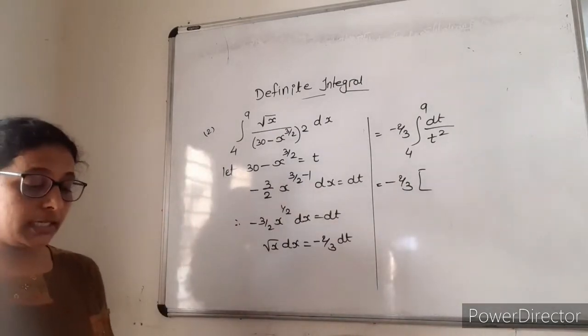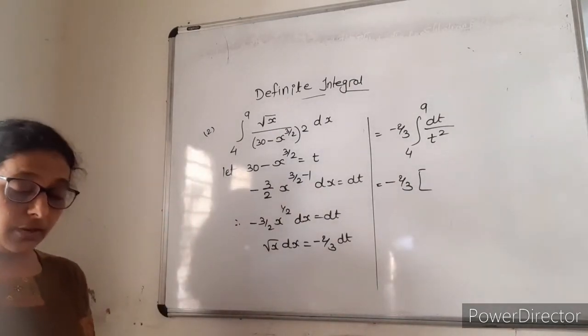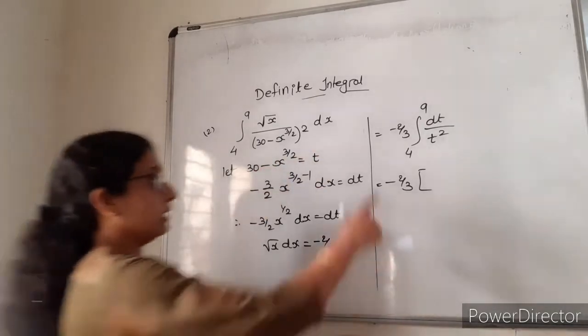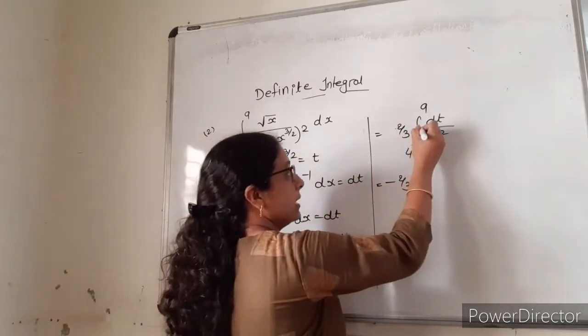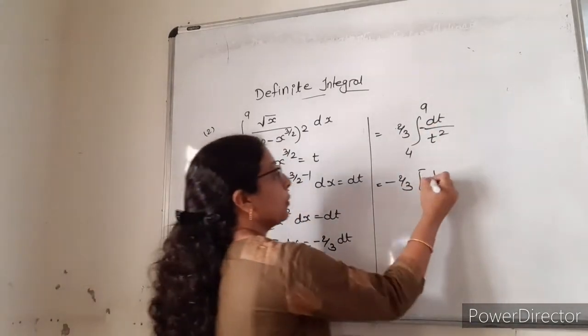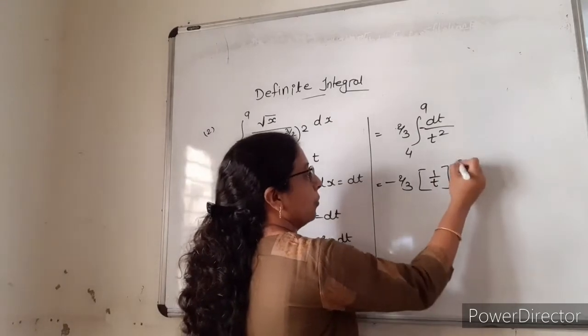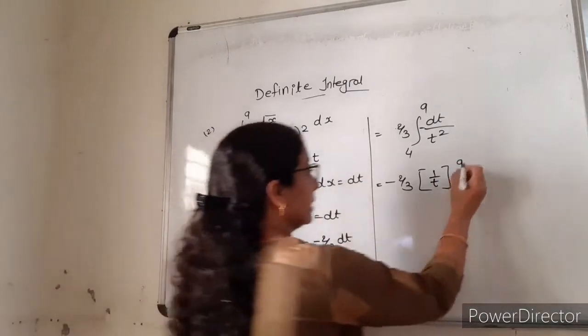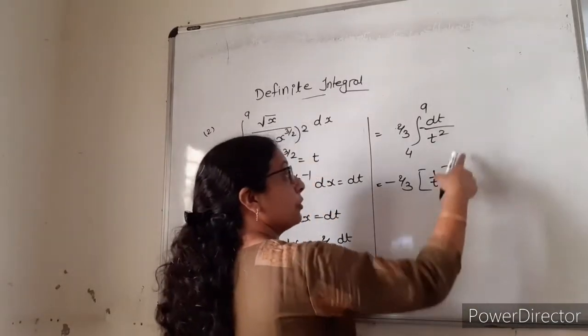Now what is the integration of 1 upon t square? Here it is minus 1 upon t square. If you take this minus here, so integration of minus 1 upon t square is 1 upon t. Yes or no? Right? Yes. So here it is 1 upon t, from 4 to 9.